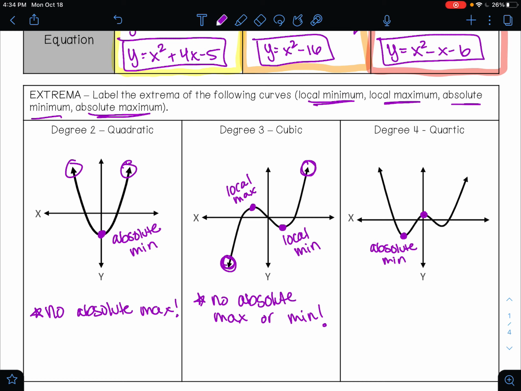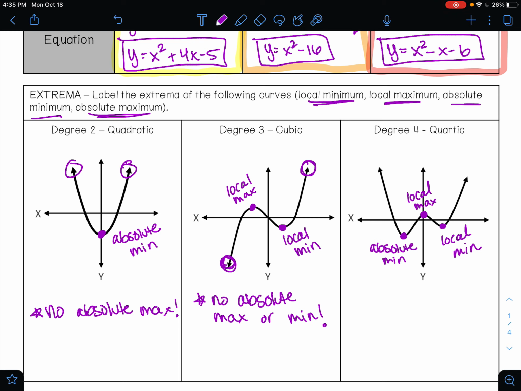This point right here is a local maximum. It's the highest point of the graph for right here, but my graph does continue up forever, so it's not the highest point of the graph. And then this point right here is a local minimum.